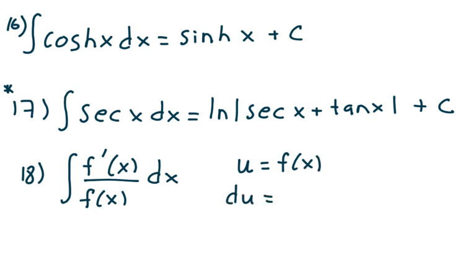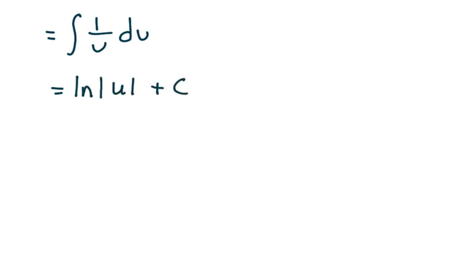Du is f prime of x dx. And so over here, we're looking at the integral of 1 over u du, which is natural log of the absolute value of u plus c. But u is f of x, so we get natural log of the absolute value of f of x plus c.